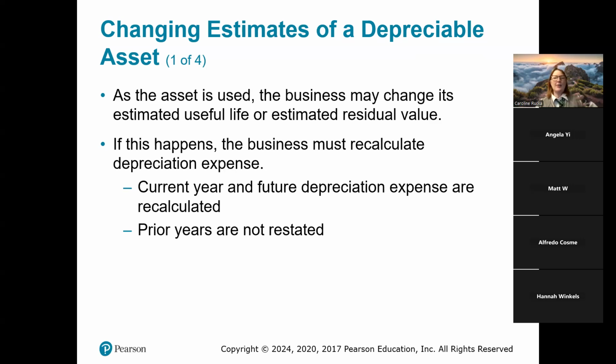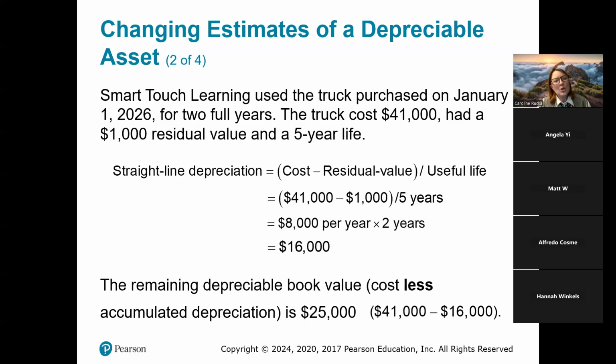We don't have to restate our prior years. So for Smart Touch Learning, they purchased a truck on January 1st, 2026. The truck cost $41,000 and had a $1,000 residual value and a 5-year life.